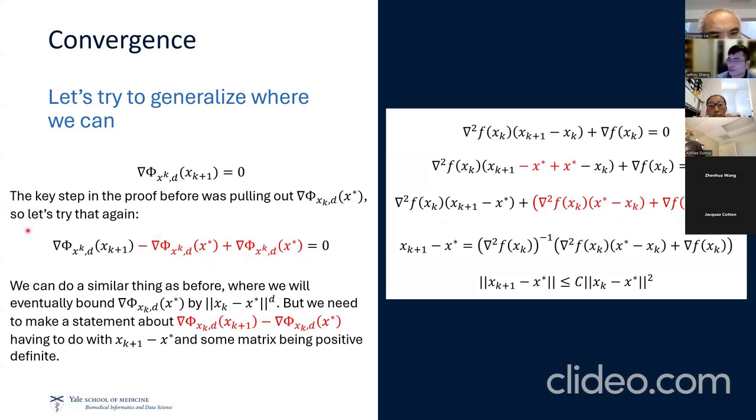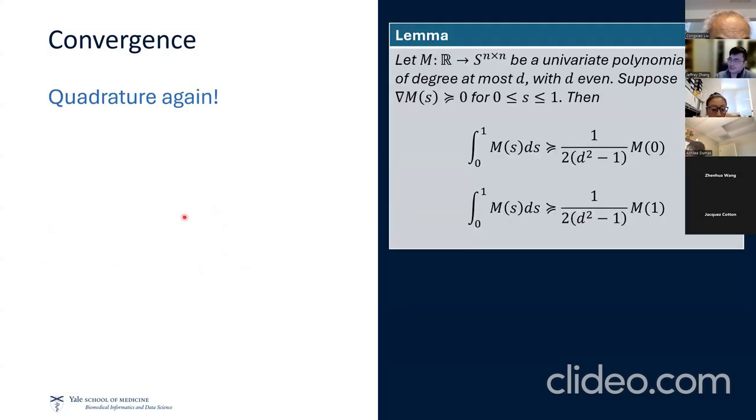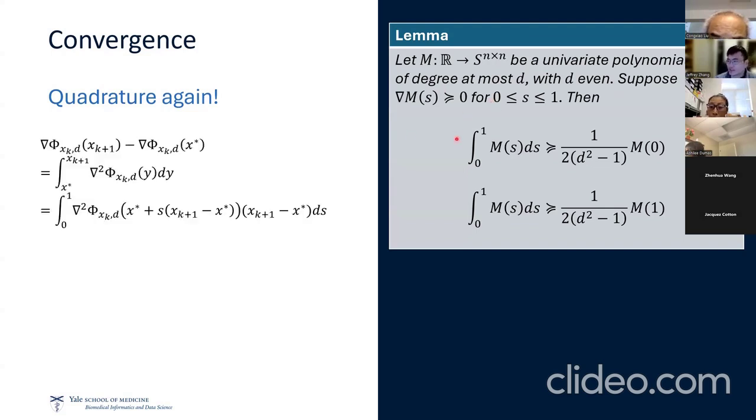And now we want to say something about this quantity on the left. It has something there, right? You can see that there's an xk plus 1 and an x star, so maybe we can work with that. And it turns out again that you can, and we're actually going to use that same lemma we had before based on quadratures because we were looking at the gradient, and of course the gradient is just the integral of the Hessian.